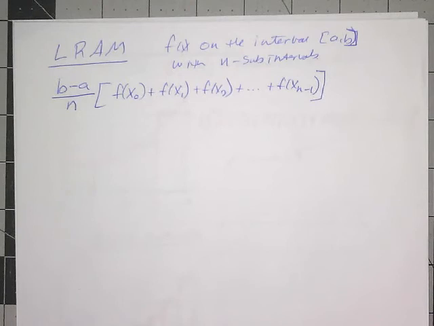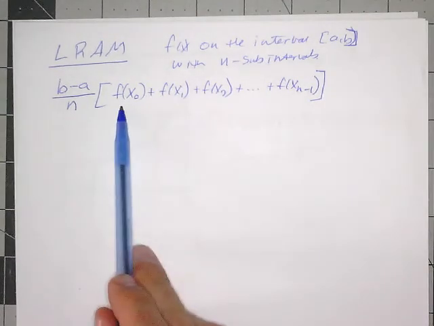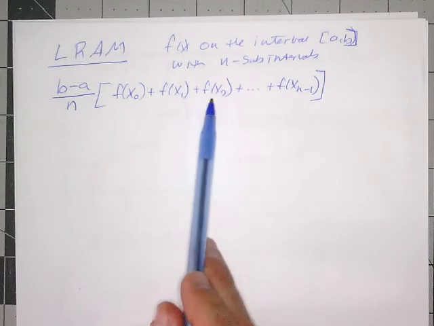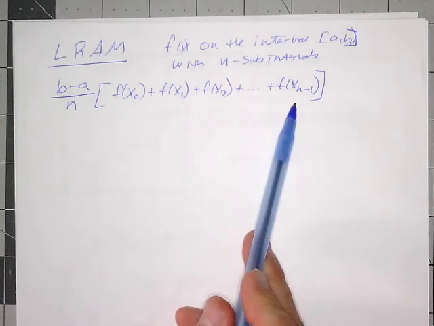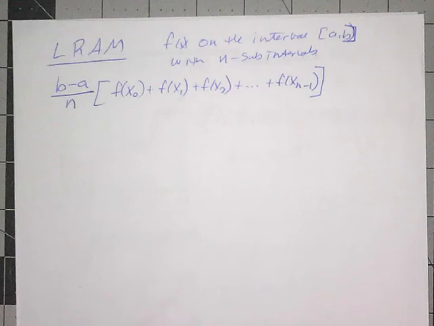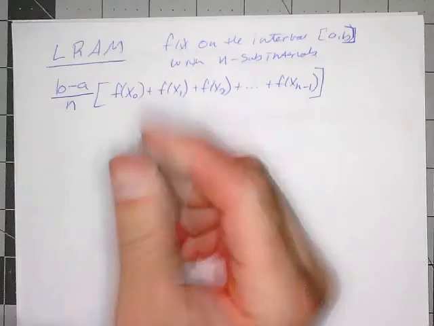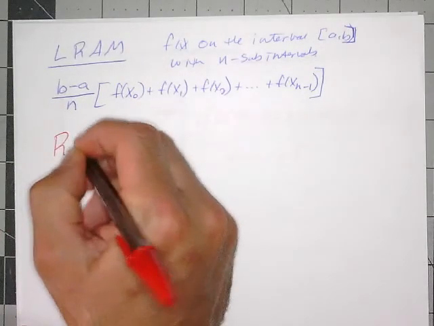So if you have f of x on an interval from a to b with n subintervals, the left rectangular approximation is your upper bound minus your lower bound divided by the number of subintervals, times your first point plus your second plus your third, all the way out to your second to last point. We're going out to n minus 1. Okay.